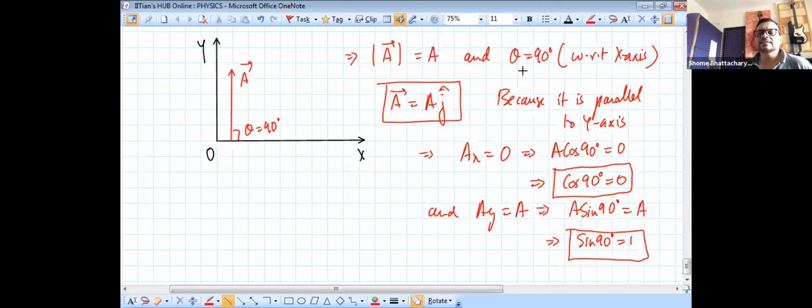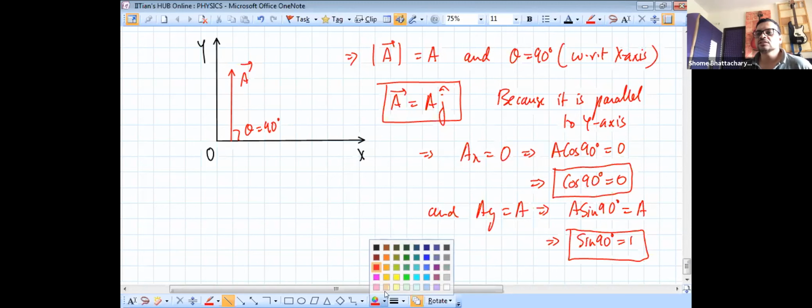So it should be perpendicular to the x-axis. So its angle with the x-axis should be 90 degrees. So that means A cos 90 is equal to 0, which means that cos 90 ka value kitna is 0. And similarly, y component, which is A sin theta, so that is A sin 90 is equal to A. That means sin 90 ka value kitna hai? 1.